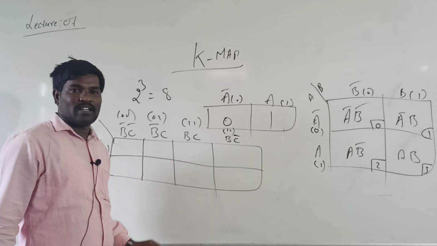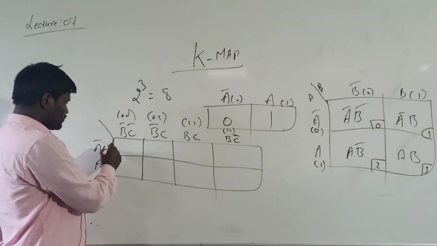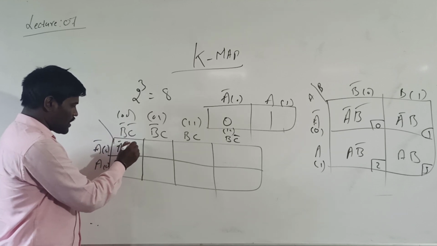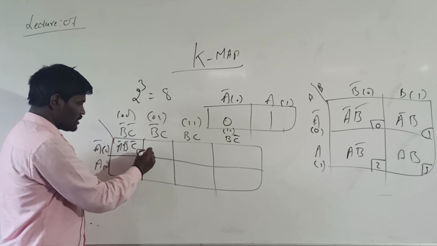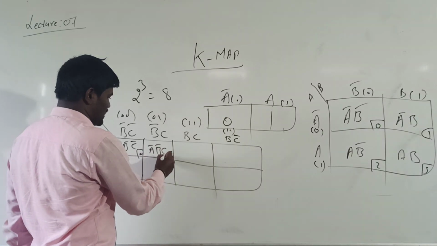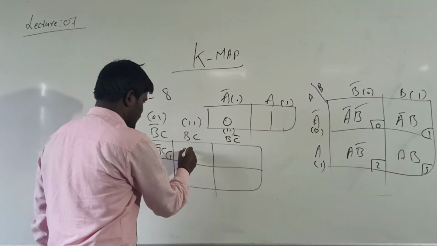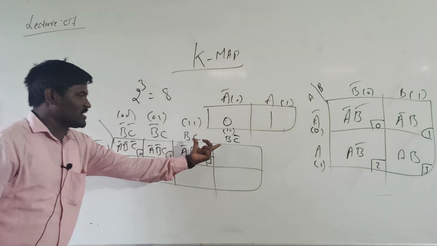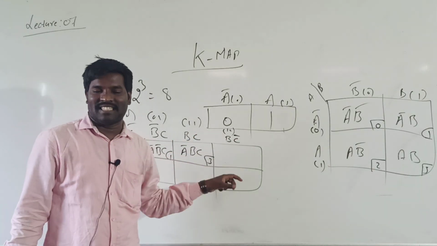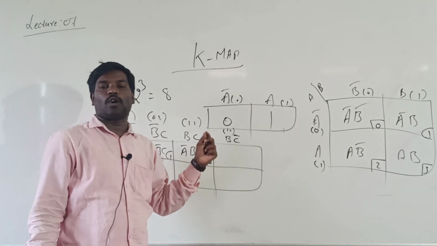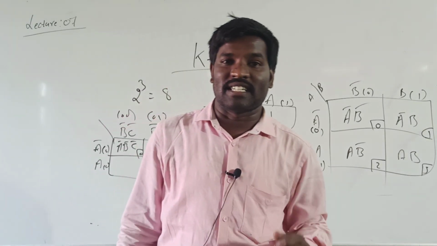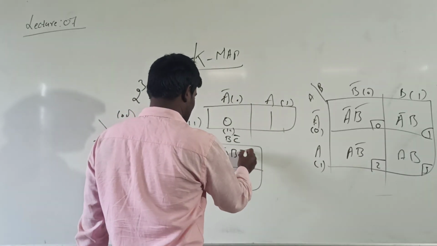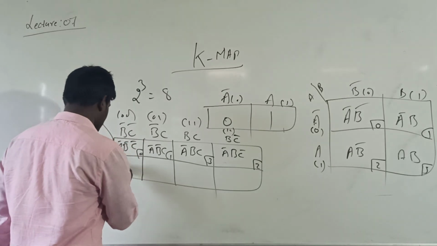Here it is only the column. See here, the first value is A bar, B bar, C bar, and the position is 0. Here A bar, B bar, C, and the position is 1. Here A bar, B, C, this position is 3, because these two columns are interchanged. If they are interchanged, obviously the positions are also interchanged. The fourth column is A bar, B, C bar, this is 2.